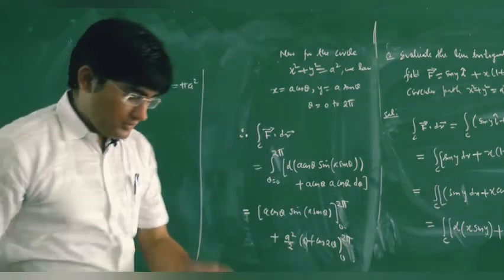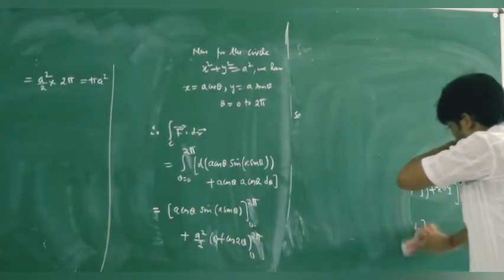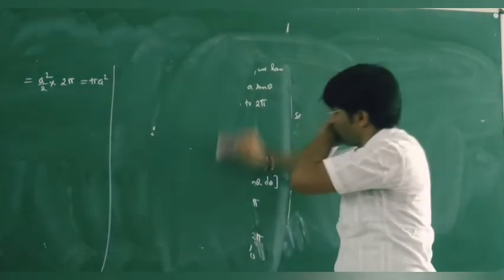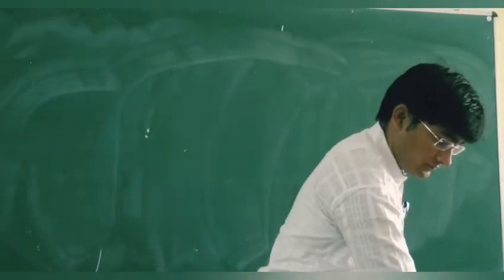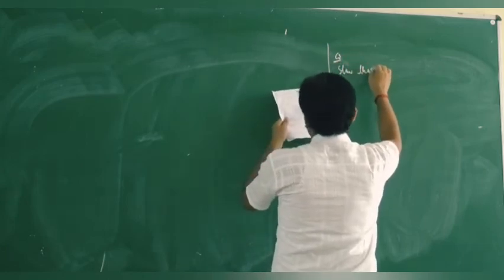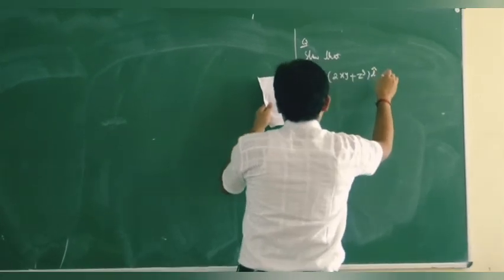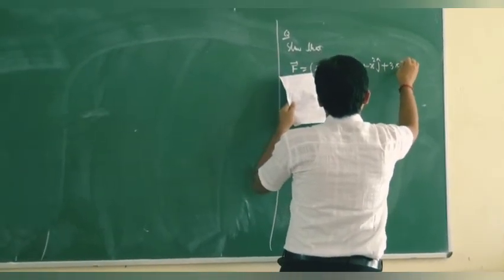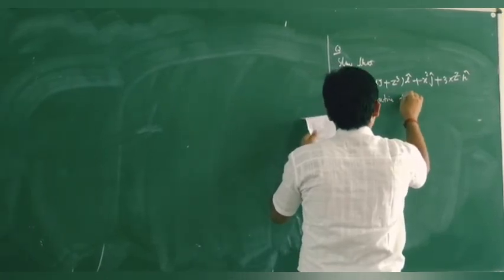Then our next question is to show that this F, which is your 2xy plus z cubed into i plus x squared j plus 3xz squared k, is a conservative force field.